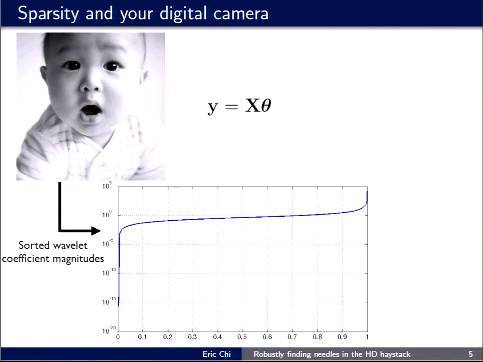And what I've plotted on this view graph here at the bottom is I've taken the absolute magnitude of all the wavelet coefficients and just sorted them. And this is on a log scale, and the first thing that should probably jump out at you is that a vast majority of the energy in the signal, once you've looked at it in the right perspective, in the wavelet domain, resides in only a small fraction of the wavelet coefficients themselves.